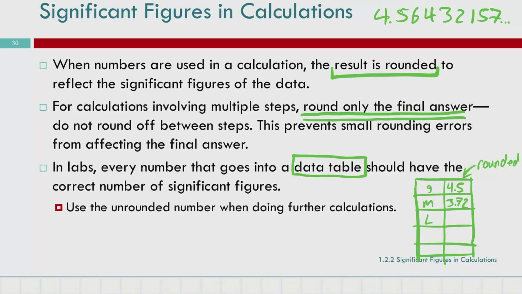If we go on to use these numbers again, and these were rounded numbers, we need to use the unrounded numbers. So it may be helpful, for example, let's say this was 4.45. We would use the 4.45 in calculations.